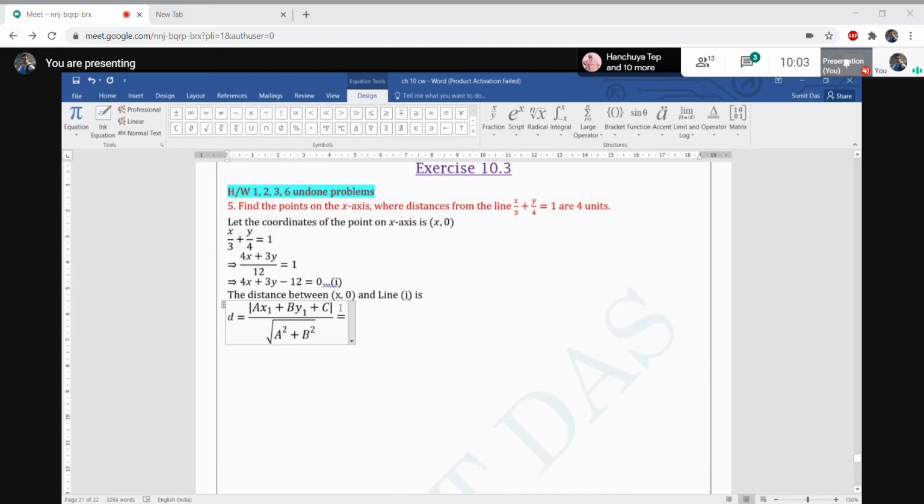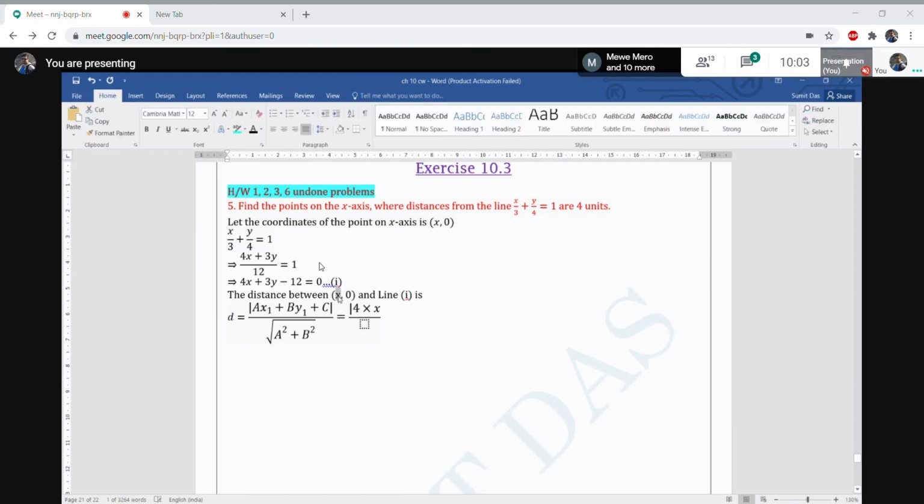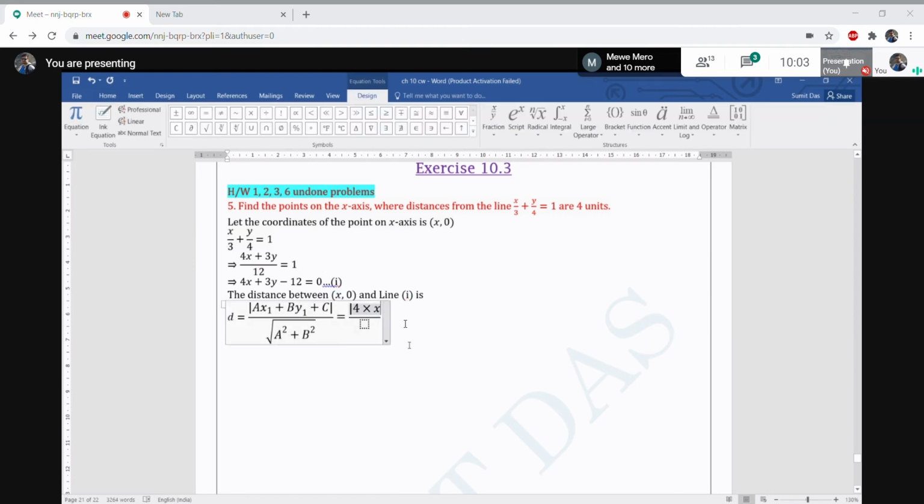So what is x1? Modulus of ax1, a means here 4 times x1. What is x1? x1 is here x. Okay, the point here, that is x1. Next, plus b. What is b here? 3. And what is y1? y1 here is 0. Plus c is minus 12.